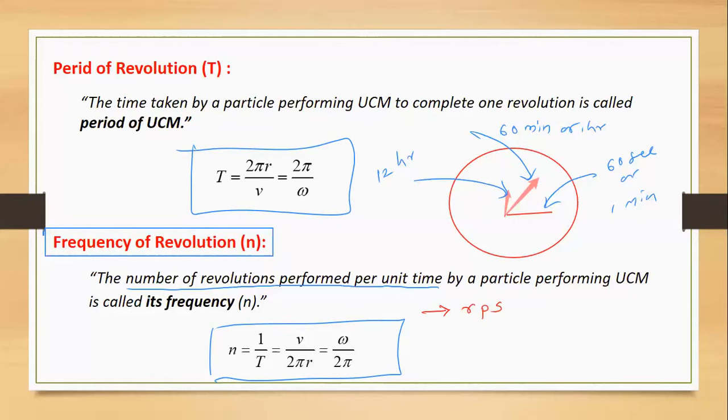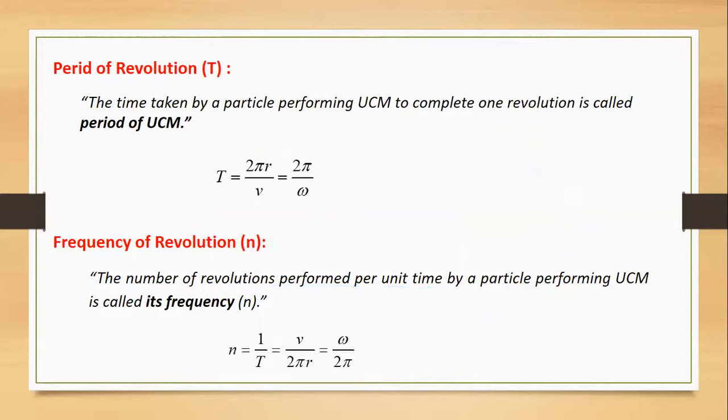RPS is the SI unit, but you may see RPM, revolution per minute, also. Frequency may be represented per minute also. This RPS or hertz is the SI unit of frequency of revolution.